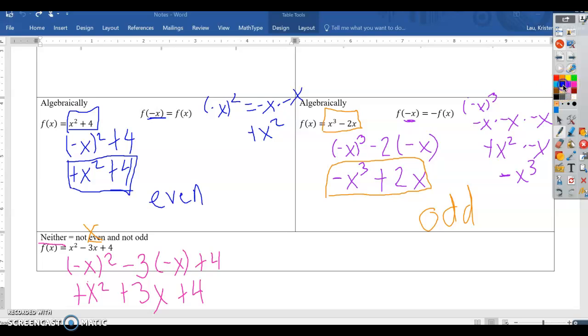Let's just use blue. Okay? Now if it's odd, x squared, these are the exact same thing. So it can't be odd because the sign did not flip. That means it is neither, because all of the signs did not stay the same, or all of the signs did not flip. Okay, and that's it.